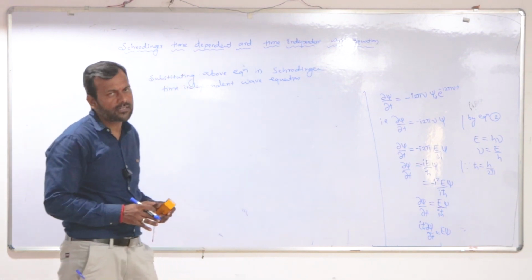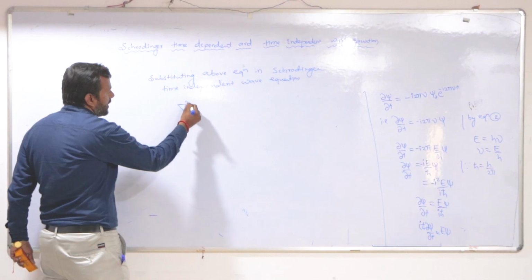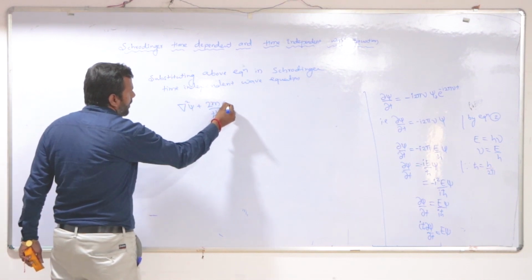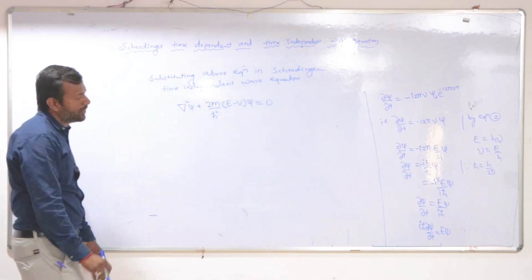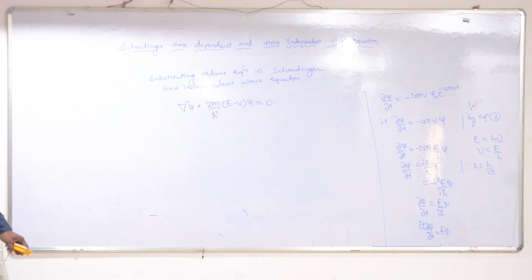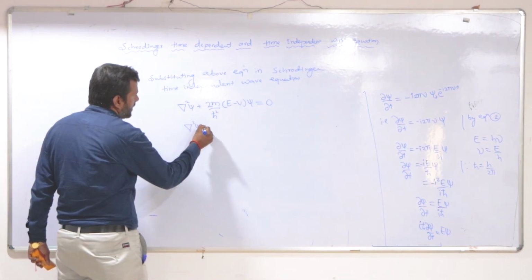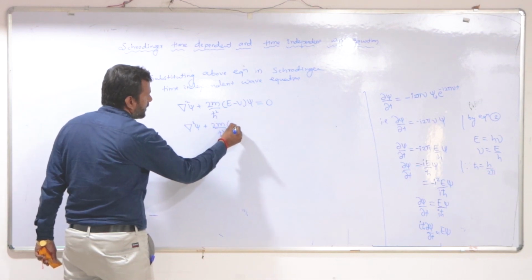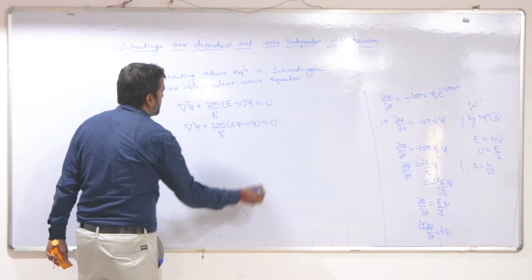So that is the E psi value we are going to substitute in the Schrodinger time independent wave equation. We already got the Schrodinger time independent wave equation, that is del square psi plus 2m by h cross square (E minus v) psi, which is equal to 0. So here we replace the E psi value, we can write del square psi plus 2m by h cross square, E psi minus v psi, equal to 0.